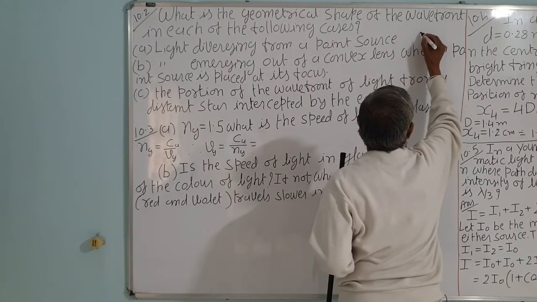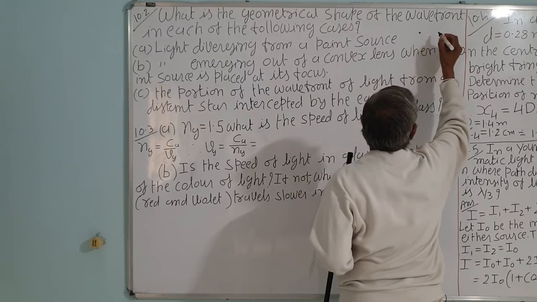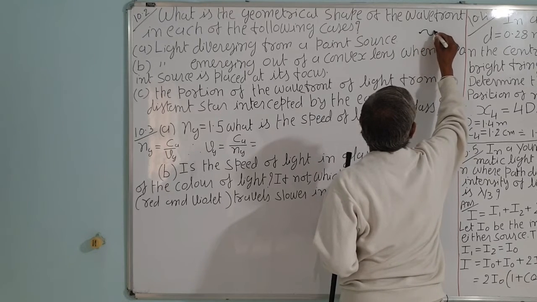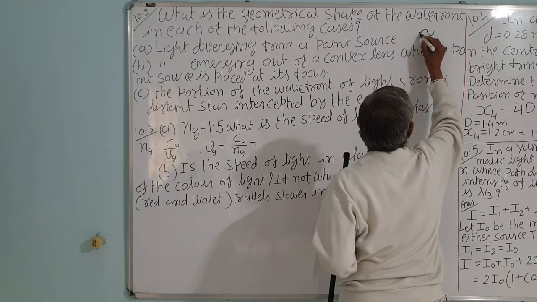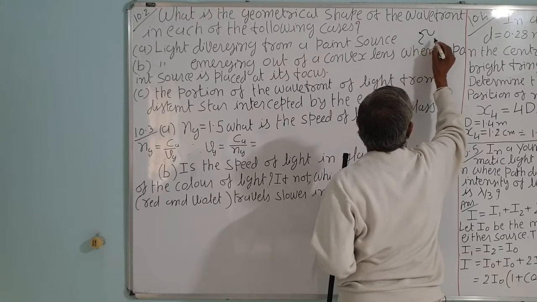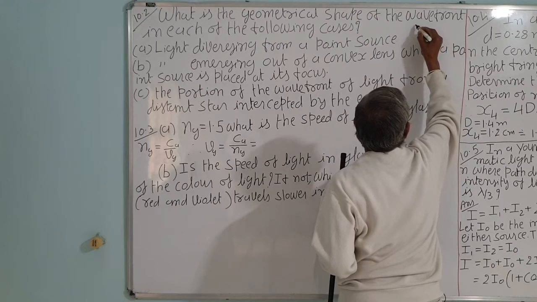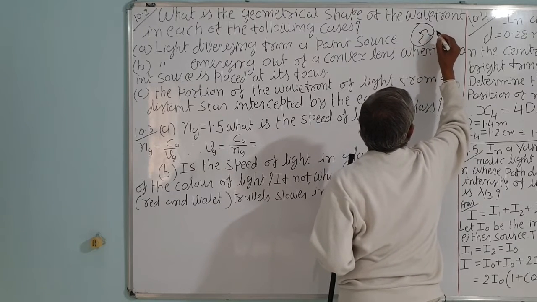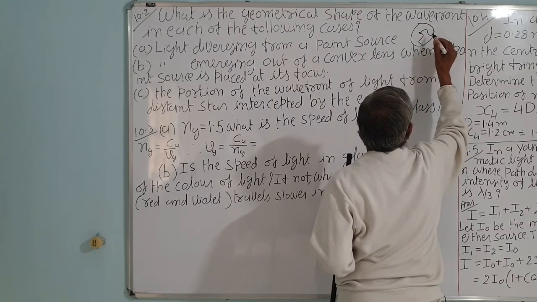Suppose this is the point source, the wave travels in this direction, one wave in this direction also. So they will travel equal distance. This is a spherical wave, correct? The answer is spherical.